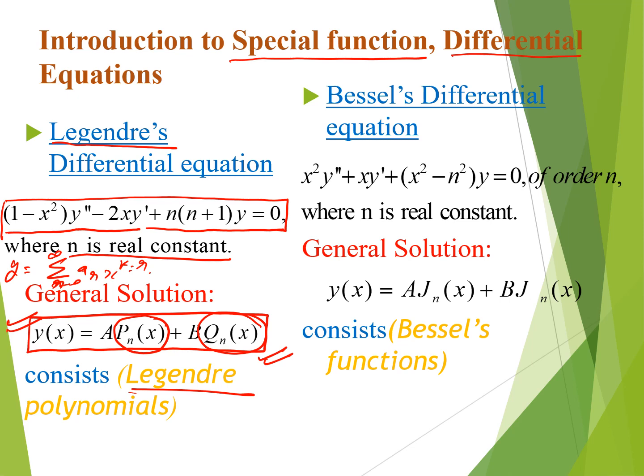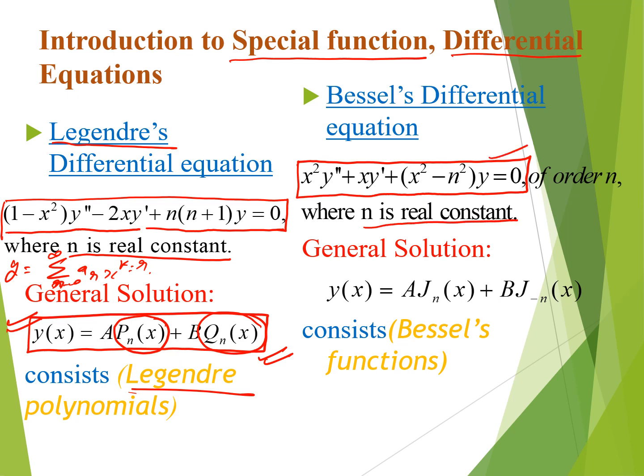The second differential equation is x square double derivative of y plus x y dash plus (x square minus n square) y is equal to 0, where n is the order of this differential equation and n is a real constant.